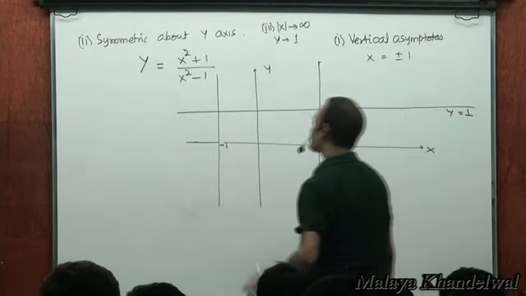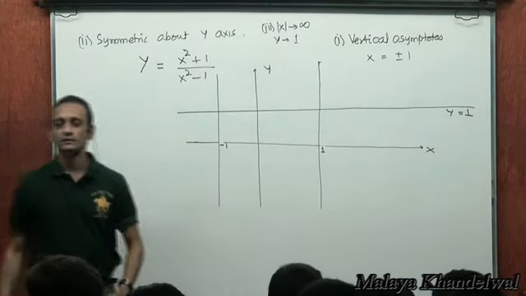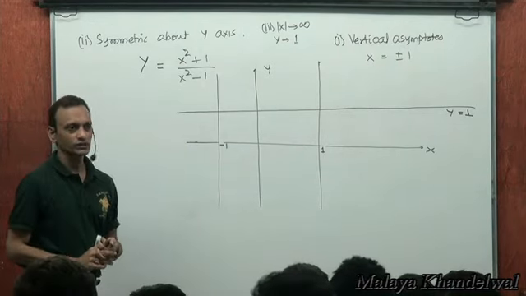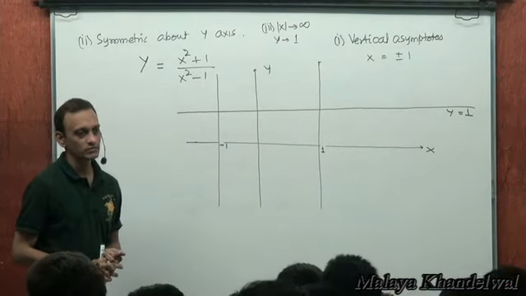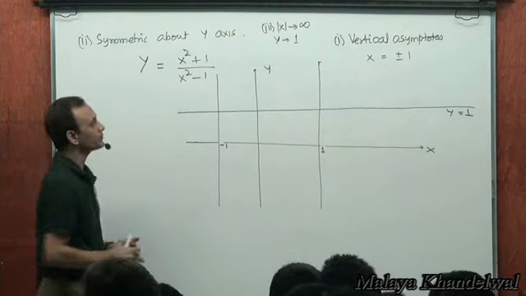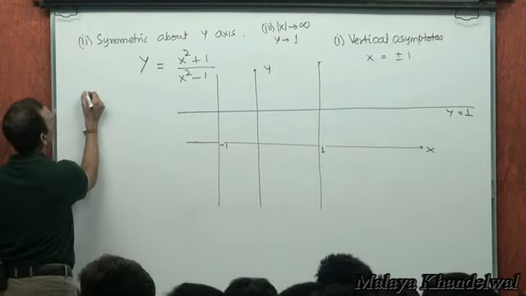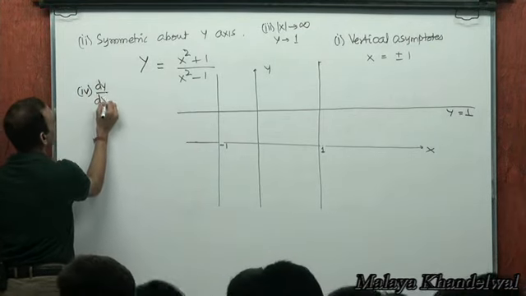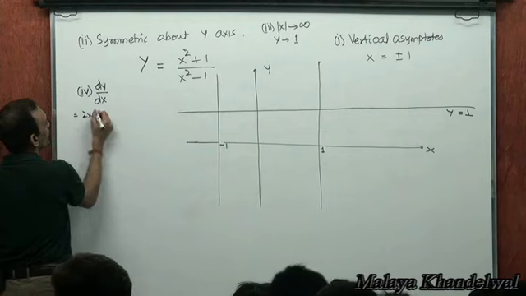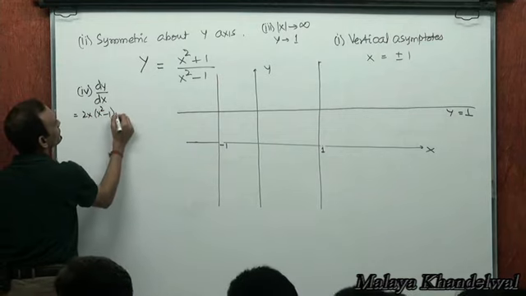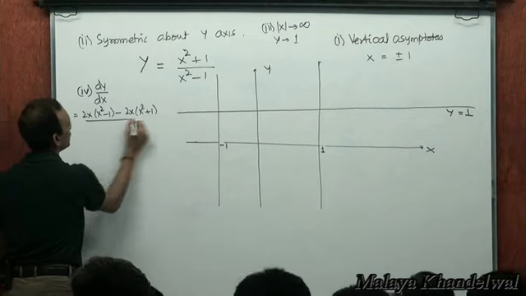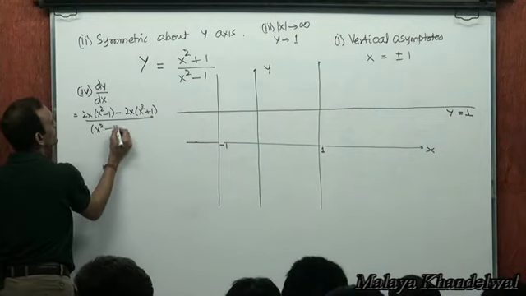Now, let me see if there are critical points. Let me differentiate one time. dy/dx is 2x into x squared minus 1 minus 2x into x squared plus 1, divided by x squared minus 1 whole square.